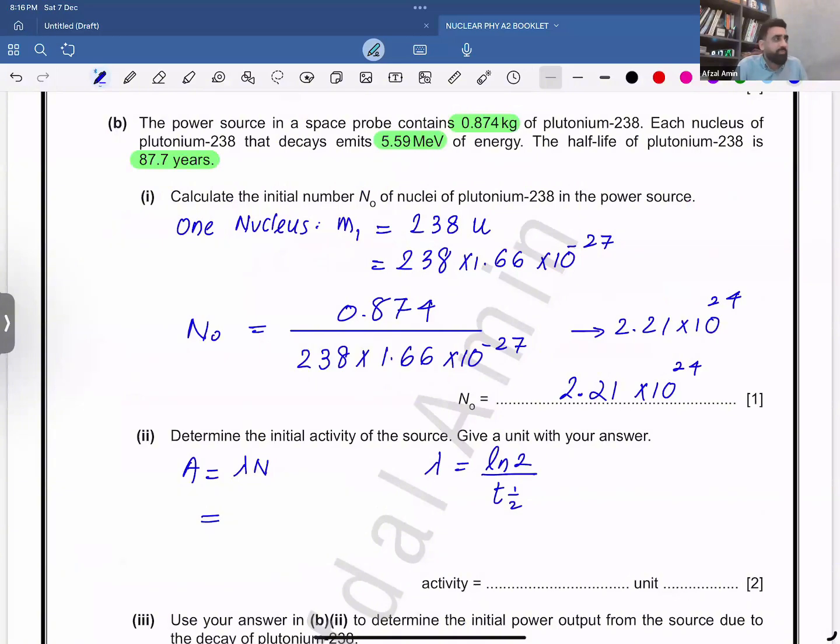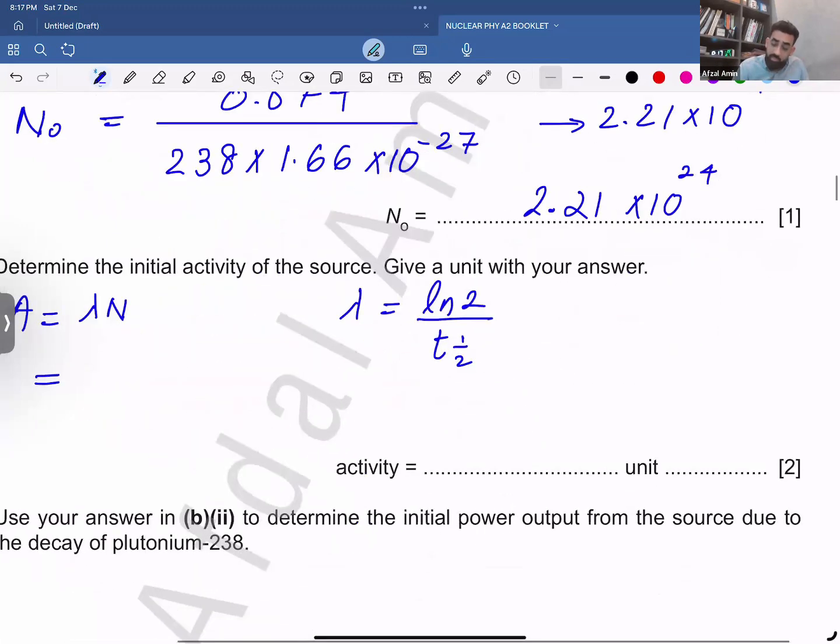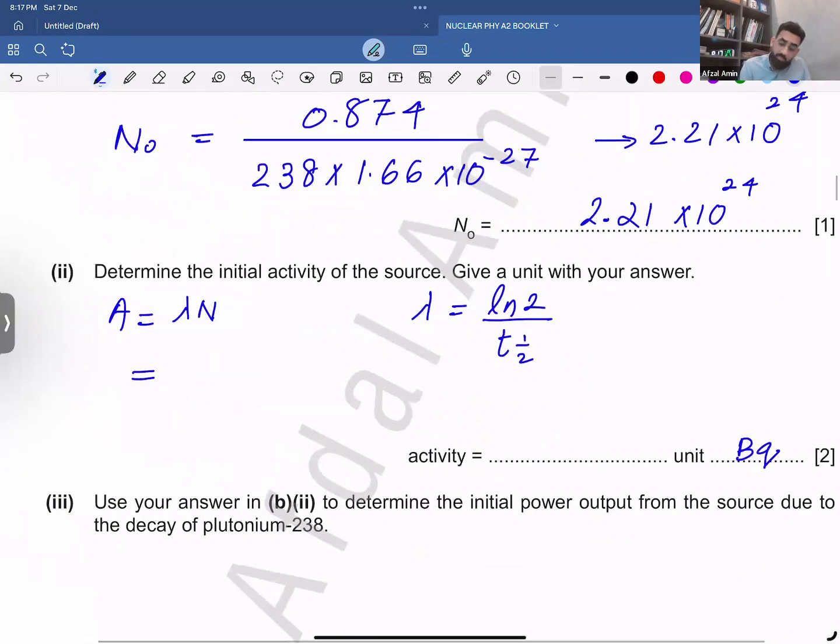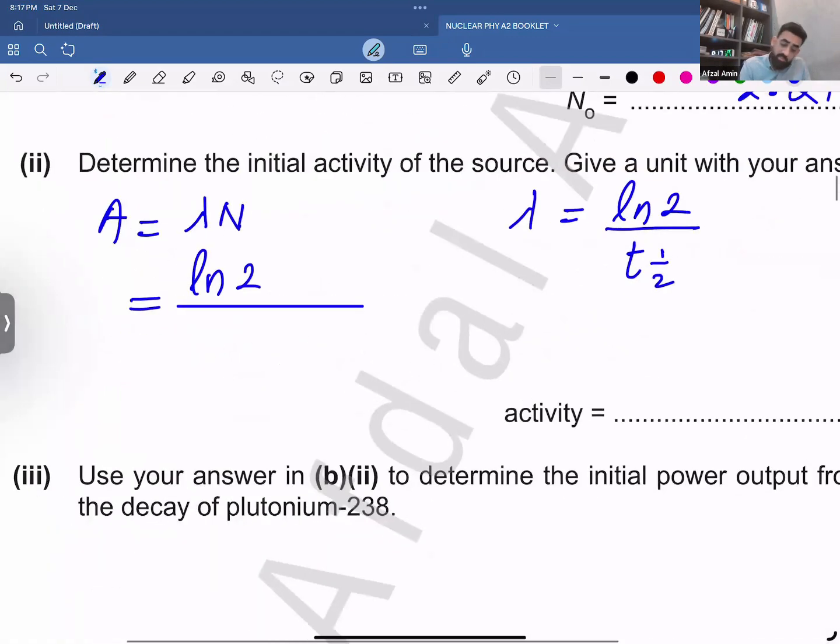If you use years, your answer will be per year. Sorry, it's not the decay lambda we need; actually, we need activity, and the unit of activity is becquerel, which is per second. So lambda is ln 2 over 87.7 years.